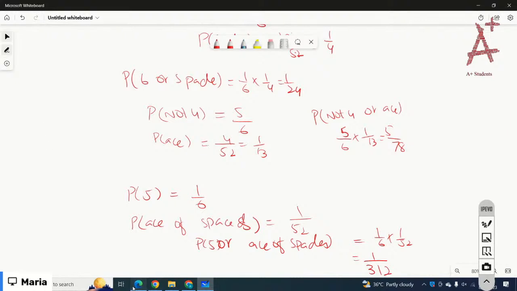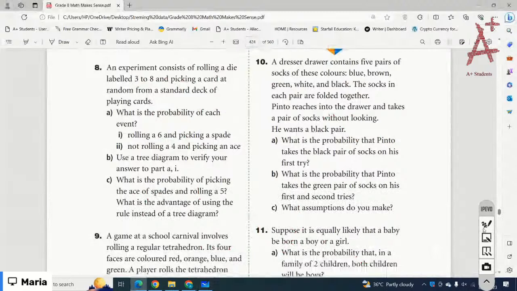Okay, I think we'll do the rest of the questions in the next session, right? We did till question 8. Let me just note it down, because I think from the last session I also forgot. Okay, grade 8. Which lesson is it?